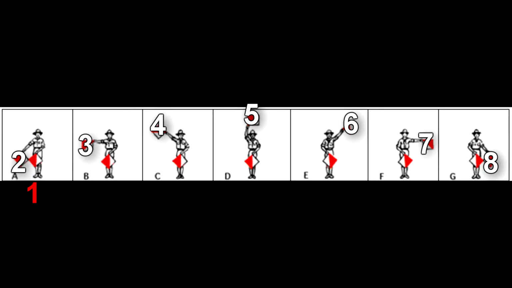From letter to letter, my moving hand will be making its way clockwise around this circle of positions that I have here. With A, my moving hand is in position 2, letter B, my moving hand in position 3, and so on, so forth. Pretty straightforward.